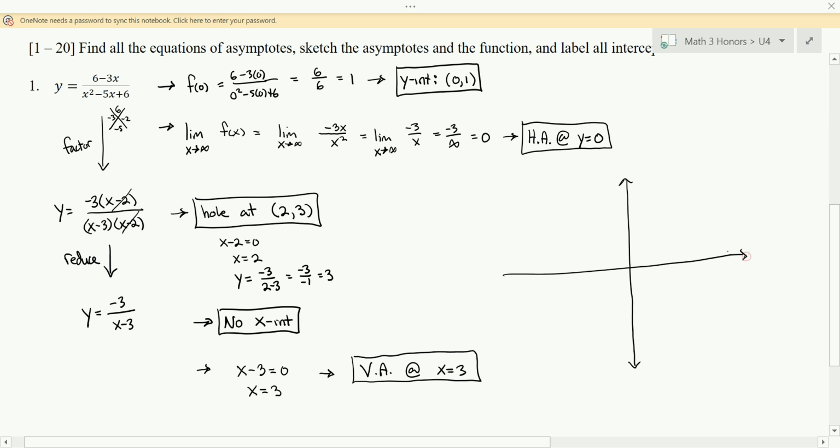So put arrows on your x and y axes, label them x and y. Plot your x and y intercepts if there are any. So we don't have any x-intercepts. We do have a y-intercept at 0, 1.